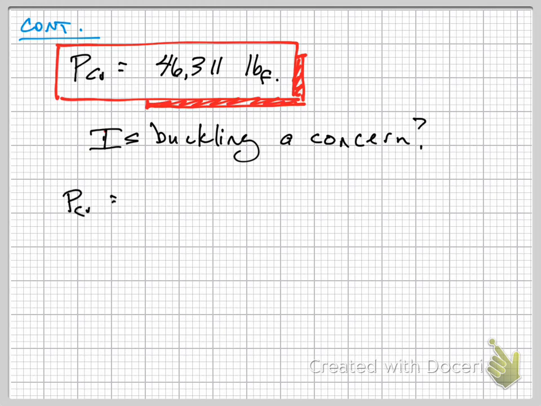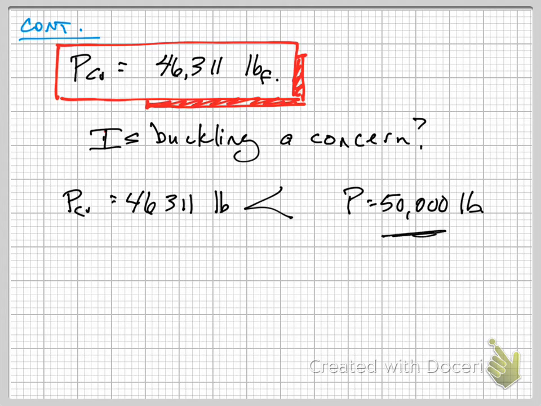The P critical to the load, 50,000 pounds. Since it's less than the 50,000 pounds, that means we have loaded it beyond the P critical. So the answer is yes, buckling is a concern.